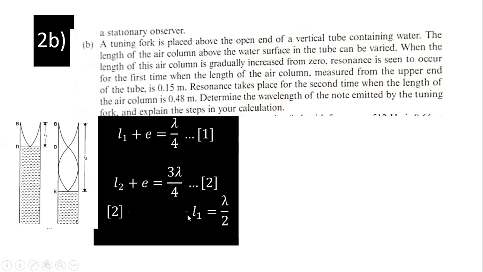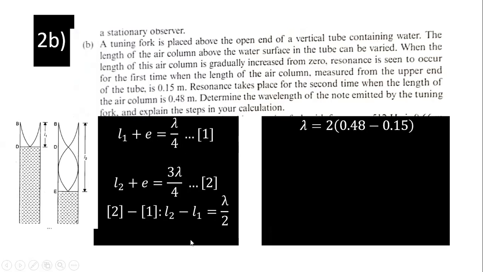So you can subtract. L2 minus L1, the end correction goes off because end correction is constant in value. Then this one subtract that is lambda over 2. Then your lambda is 2 into L2 minus L1. So this is 2, this is L2, this is L1. Got that? We have done that step by step.